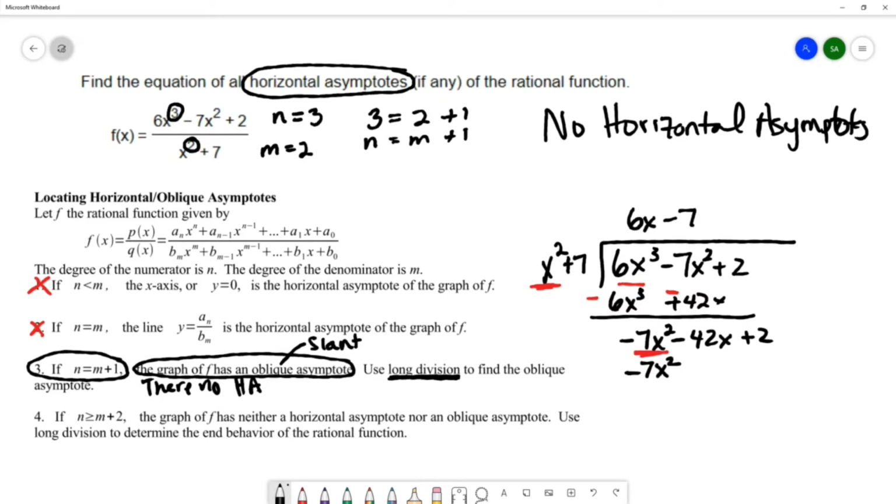Minus 7 times plus 7 is a minus 49. I want to subtract, so I change the signs. And this negative 7x squared and positive 7x squared cancel each other out because they become 0.